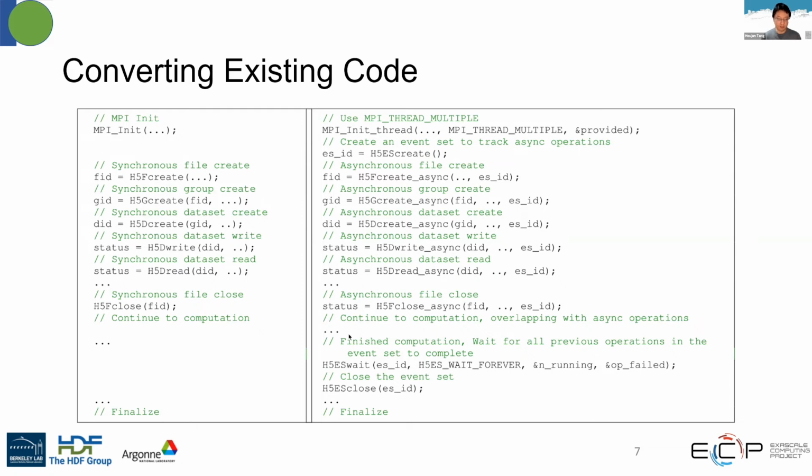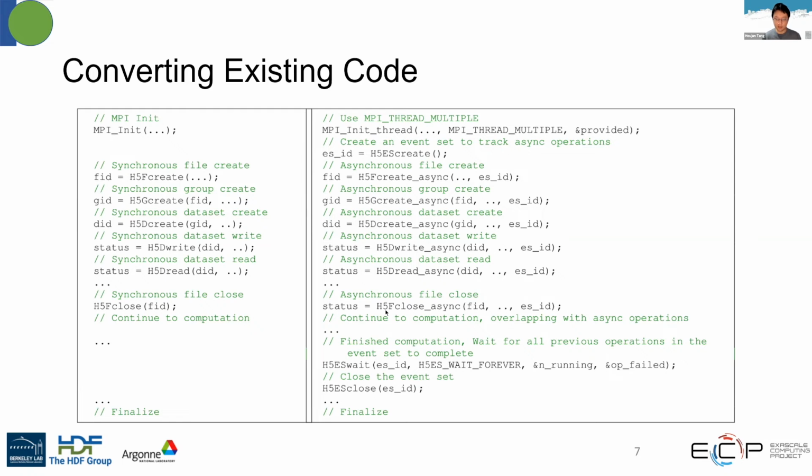An ideal case is that the application has an I/O phase and then a computation phase, and the goal is to overlap the I/O phase with the computation phase. Previously, with the non-async version, all of these are blocking, so up to the file close time, every operation should finish.